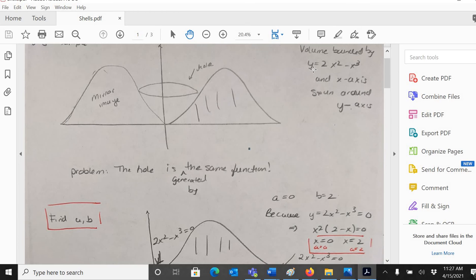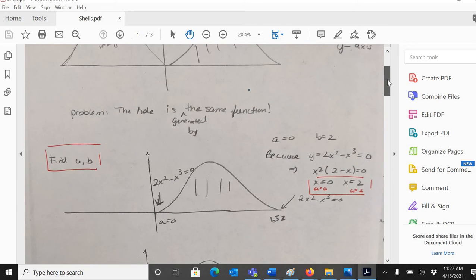And so it becomes really hard to do this the way I want to do it, because not only do you have this weird looking function, and it's only one function, you don't have two. Like I gave you some that had a line and a parabola, and the outer function was the parabola and the inner function was the line, but you have to still solve for x. It's a nightmare. So we use another method called cylindrical shells, and the method's pretty easy.